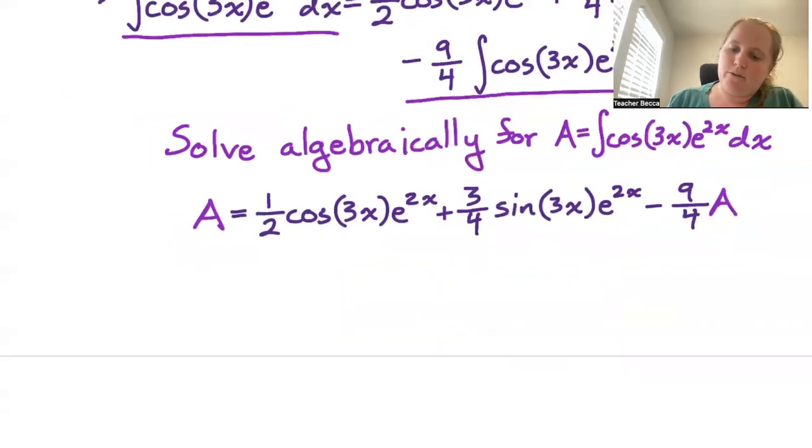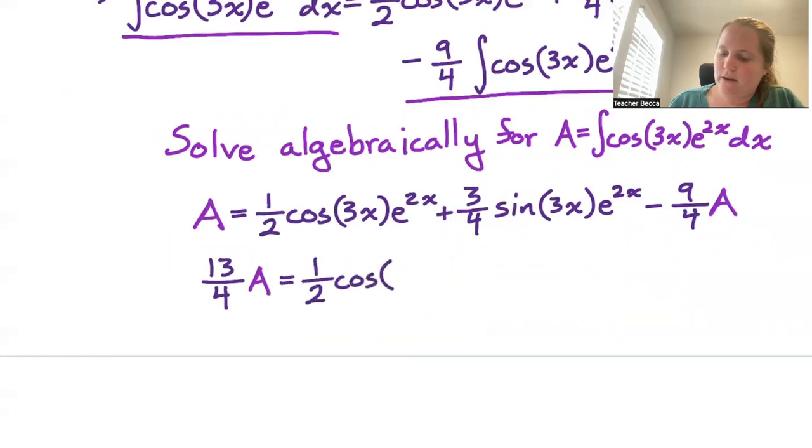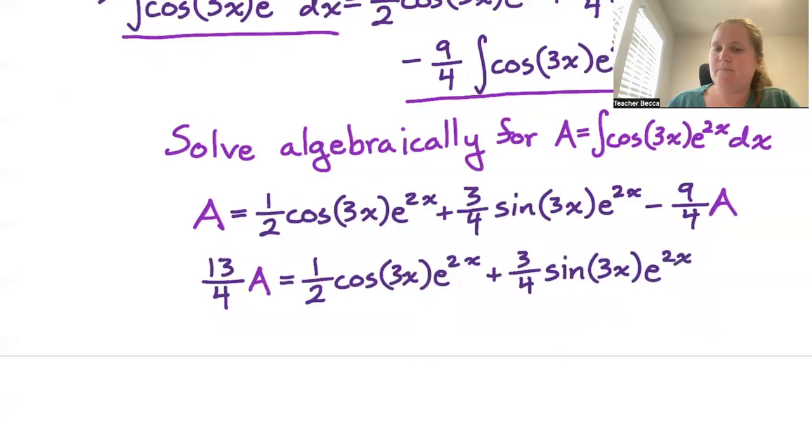If we add that 9/4 to both sides, we wind up getting 13/4 times A is equal to 1/2 cosine of 3x e to the 2x plus 3/4 sine of 3x e to the 2x.